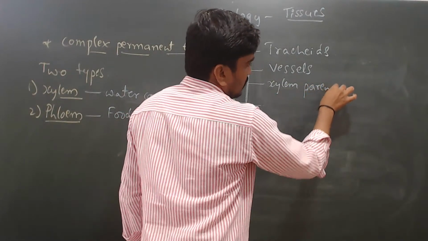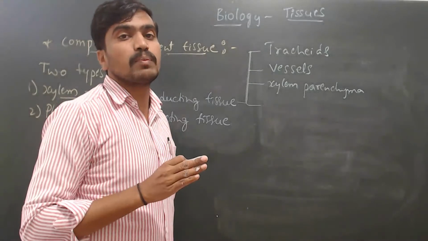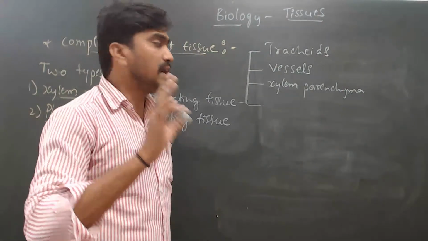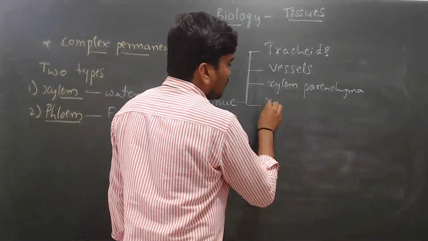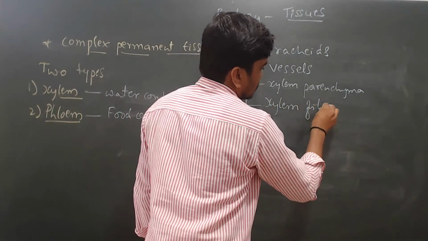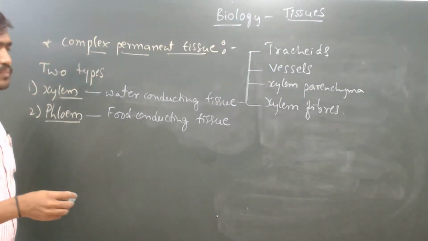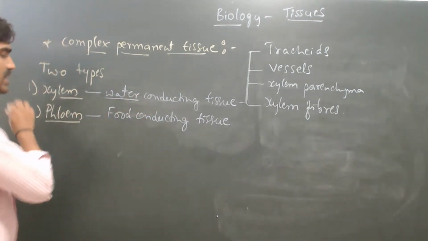See, again I am saying the word parenchyma. Parenchyma is a type of which tissue? Simple permanent tissue. Xylem parenchyma, and the fourth one is xylem fibers. So these are the four components present in xylem.